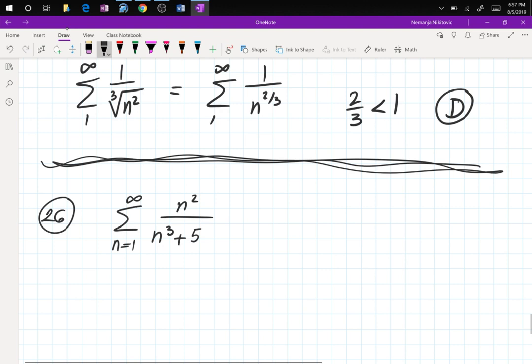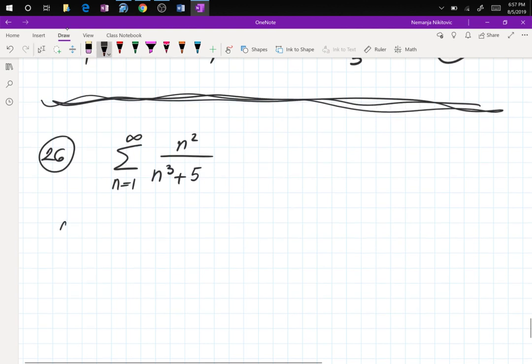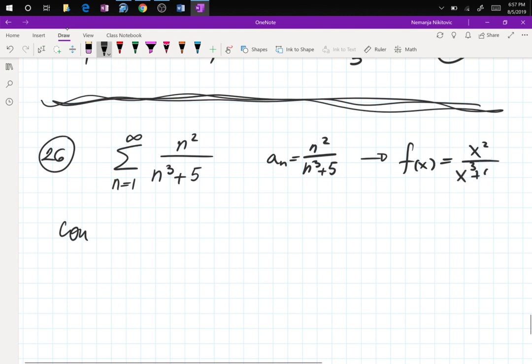So now I need to show 3 conditions. Because my goal is to, so let's first a_n is this, and now transfer it into f of x as x squared over x cubed plus 5. So is it continuous? That's number one.